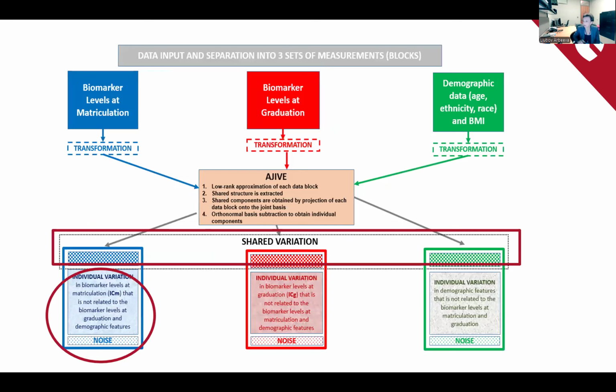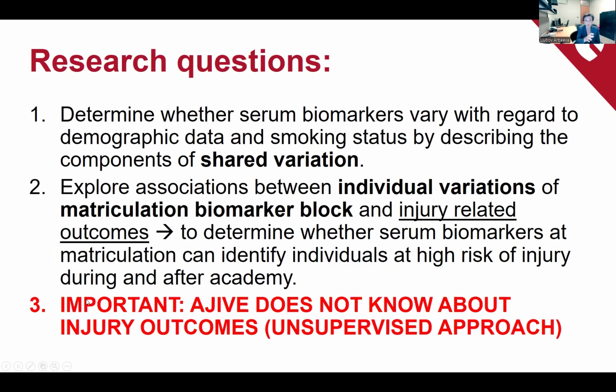So to answer the first question, we have to look at shared variation. And to answer the second question, we have to look at individual variation in biomarker levels at matriculation. So what is important here is that Arbeeva doesn't know about injury outcomes. Remember that all follow-up data about injury and KOOS scores were not included in any of the 3 blocks.